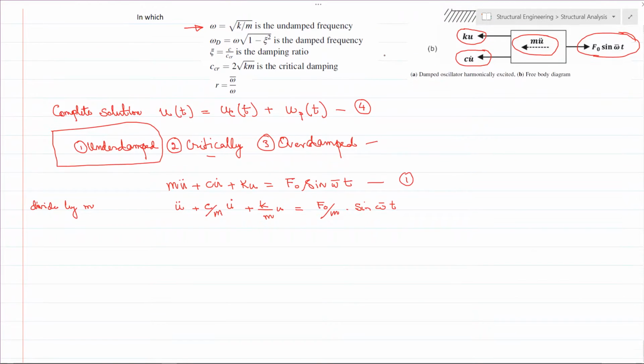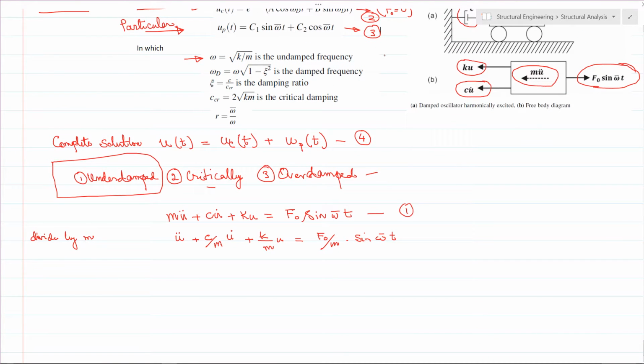Now from these equations we know that omega is equals to under root k over m. So omega square will be equals to k over m. So this can be replaced by k over m.